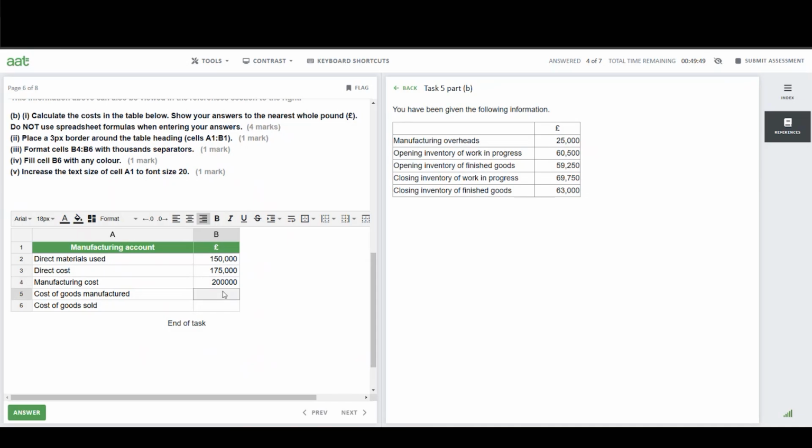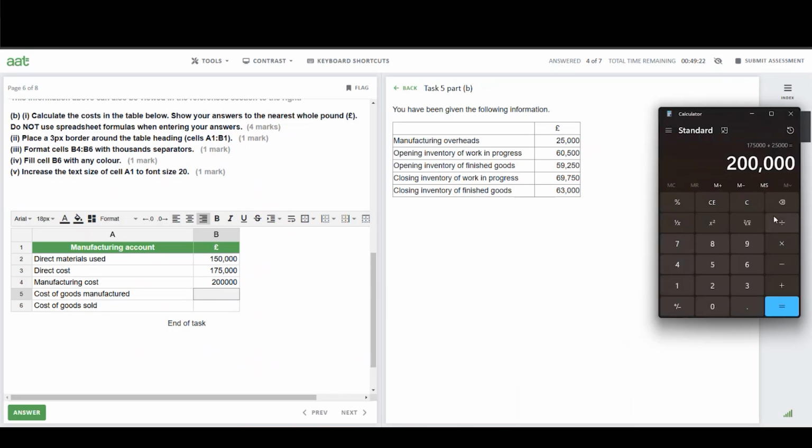Next, we need to calculate the cost of goods manufactured. So these are the units that have been produced in the month, plus the cost of any units that we've finished off that had been started in the previous period, minus any units that are incomplete. Obviously, if the units are incomplete, they're not going to form part of our cost of sales. We can't have sold them, can we? So we don't want to include the cost of those items.